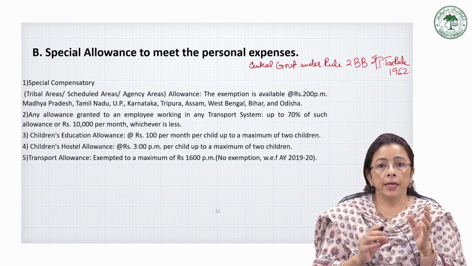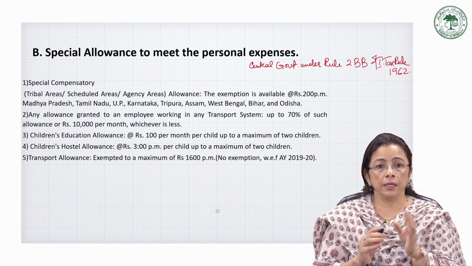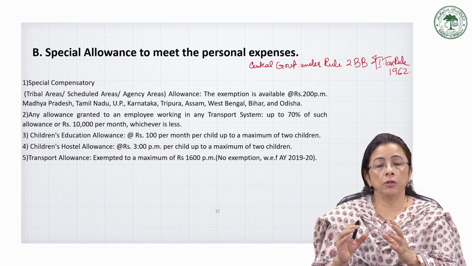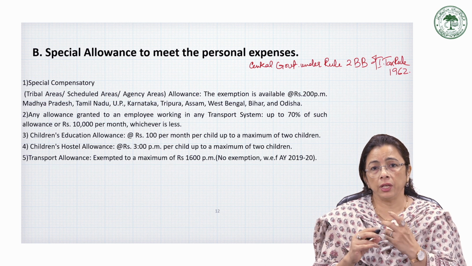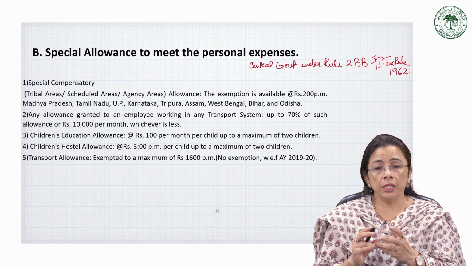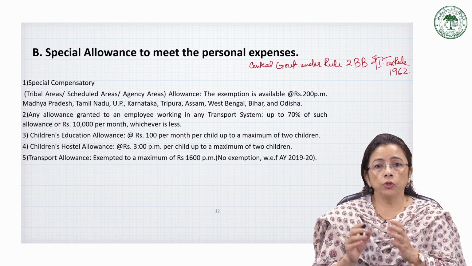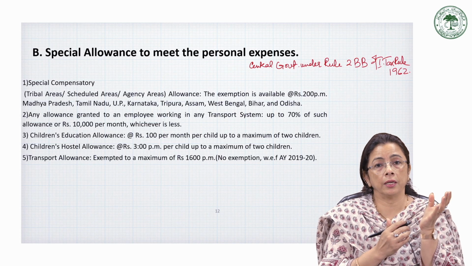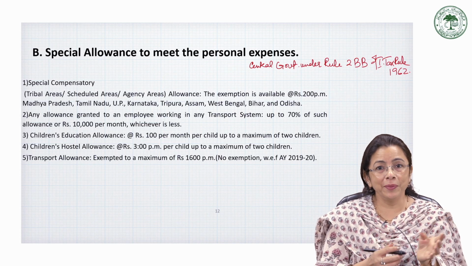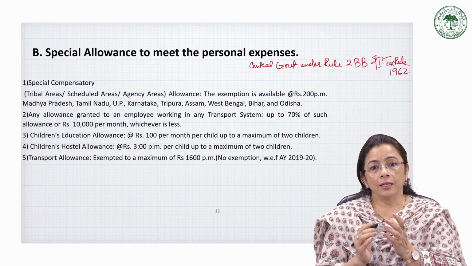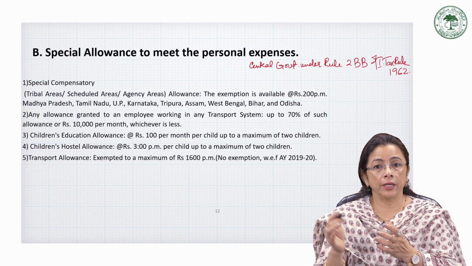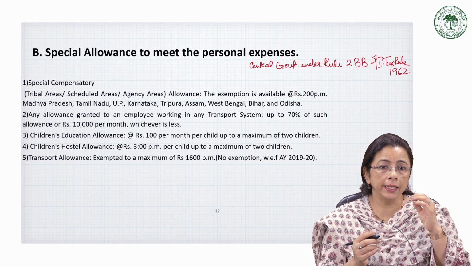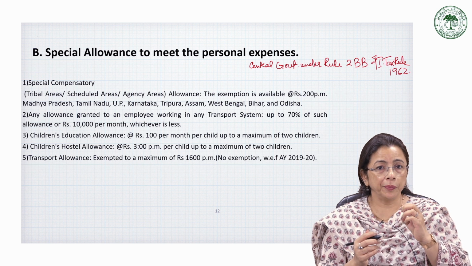They are listed under this category, maybe because of lack of infrastructure, or hardship because of weather or hilly region, or lack of basic facilities, and therefore in order to compensate for that hardship or for that sacrifice of not choosing well developed urban areas, this allowance is given, and here the exemption limit is rupees 200 per month.